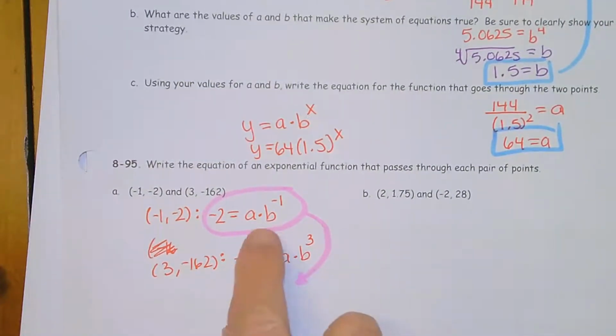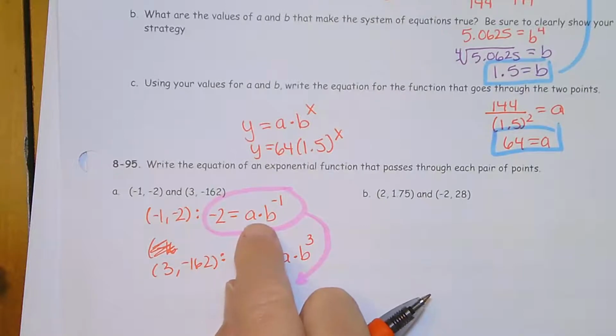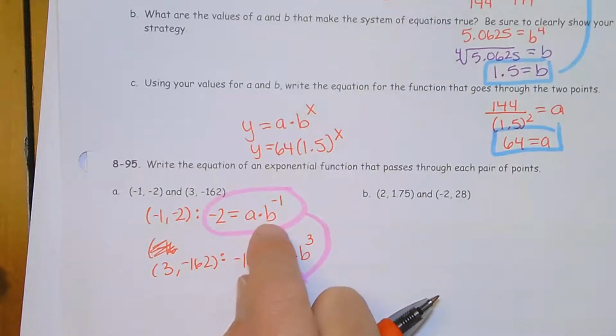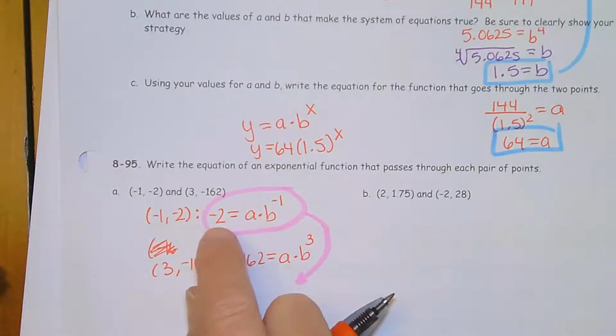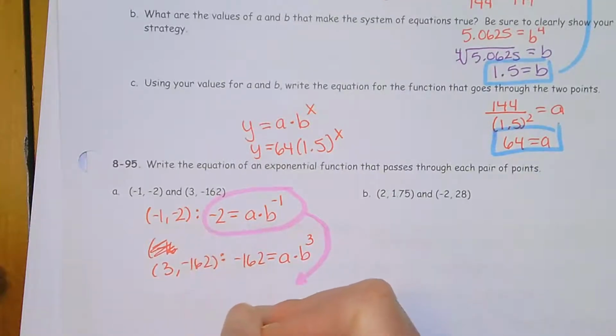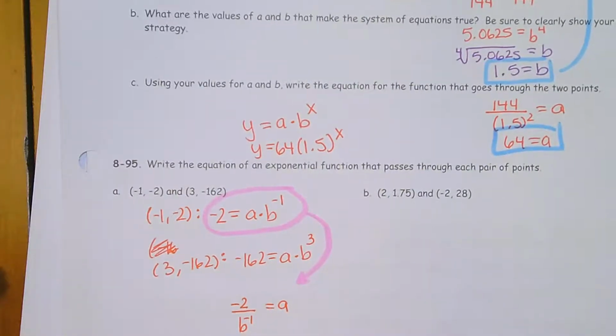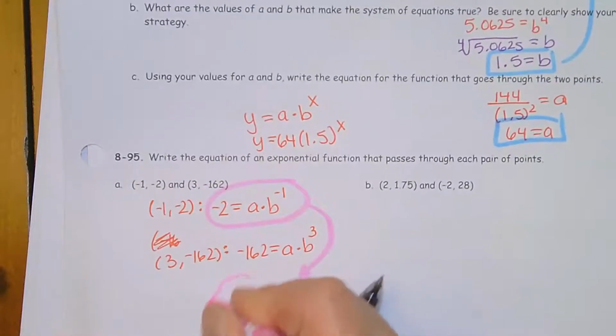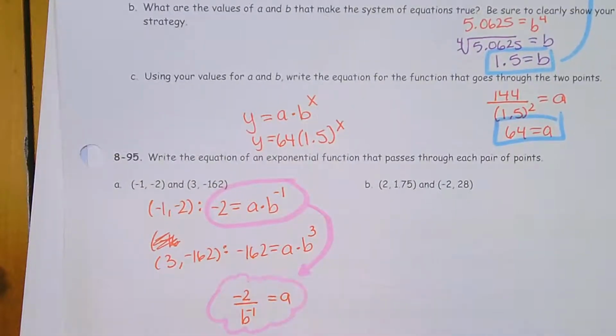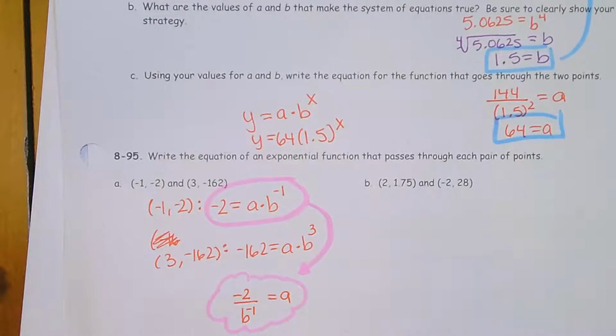So when I get this to be A equal, I'm going to divide this side by B to the -1, and I'm going to divide this side by B to the -1. So I'm going to get -2 over B to the -1 is equal to A. Okay, so that's that equation, just written in A form, A equal.